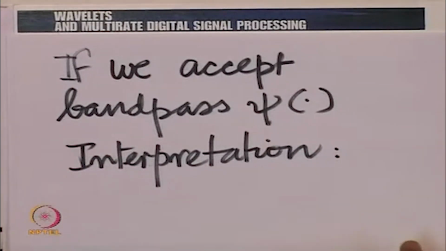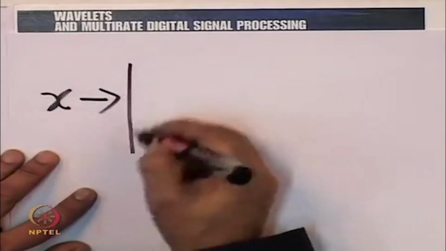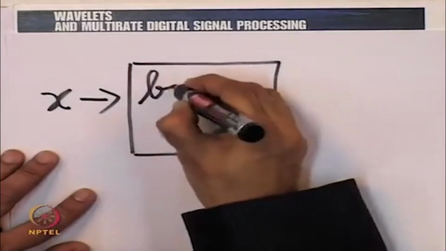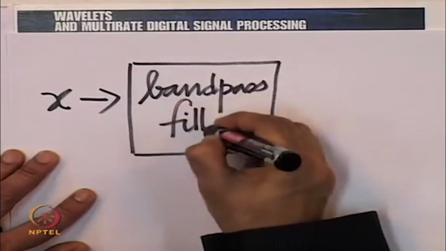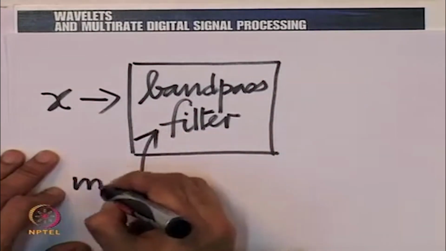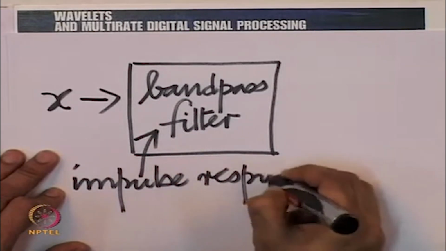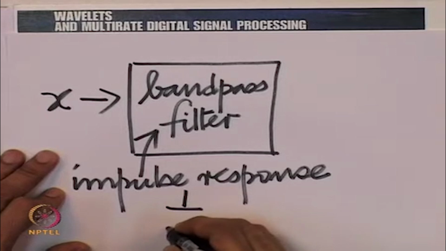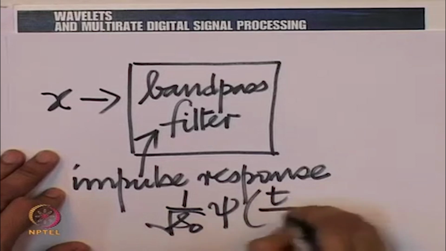In the continuous wavelet transform, we are taking x, we are passing it through a band pass filter whose impulse response is essentially 1 by square root of S naught psi of t by S naught.